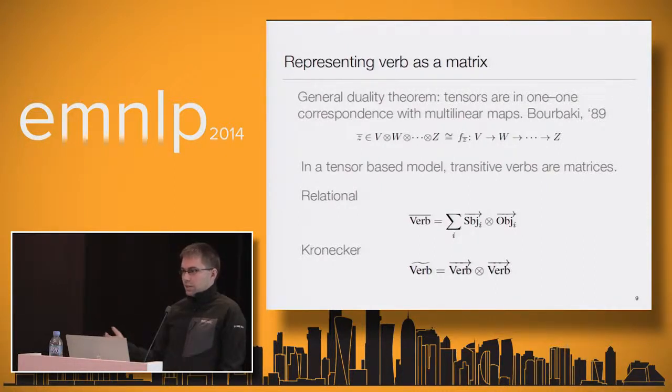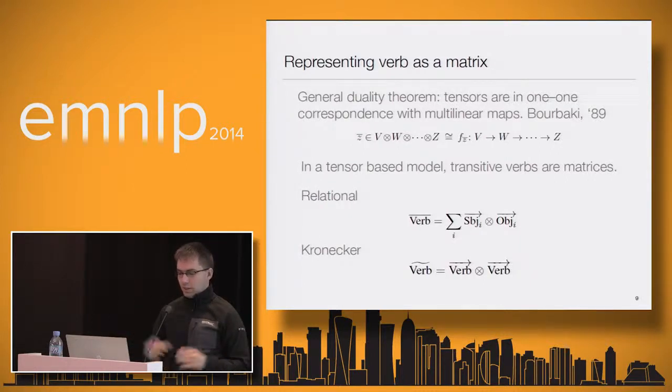So we want to mimic this thing, and thanks to Baroni, we can do this trip from predicates to linear maps, and from linear maps we can get to tensors. And tensors are just a generalization of matrices, right? So they can be multidimensional. And once we have a sentence like John saw Mary, we apply the tensor of the verb to the vectors of John and Mary. How we do it, we will see later.